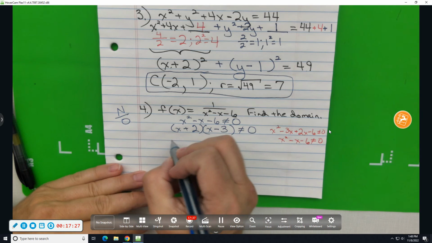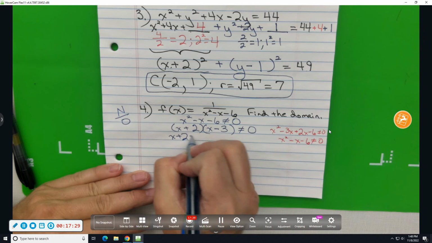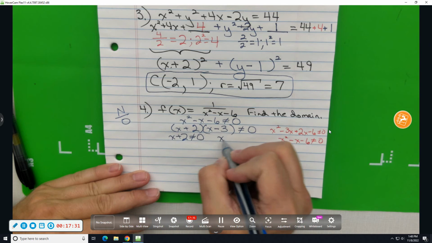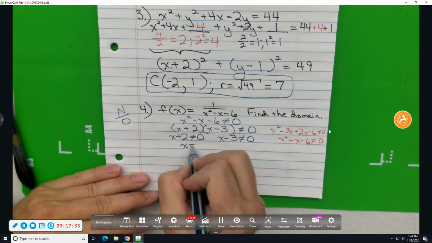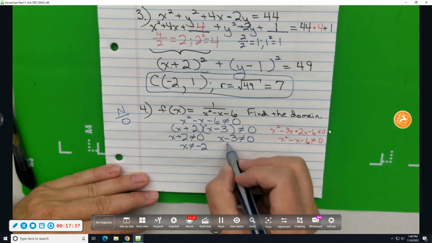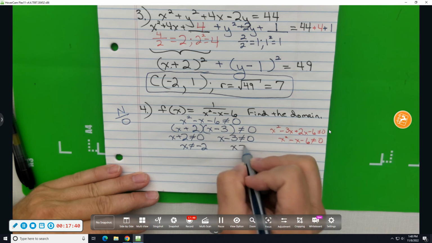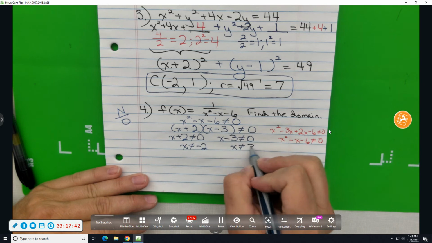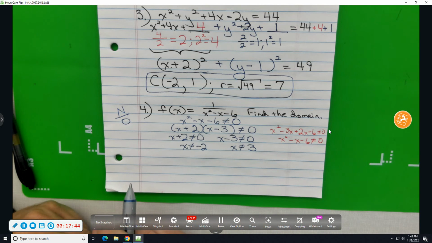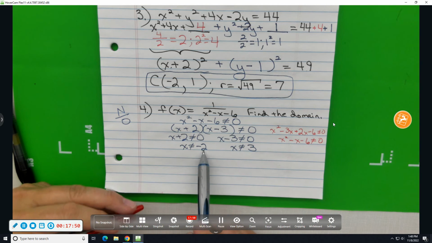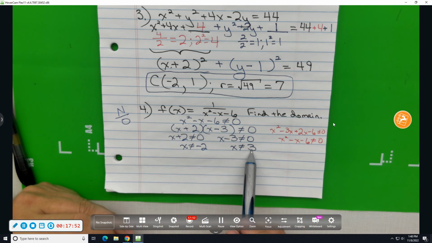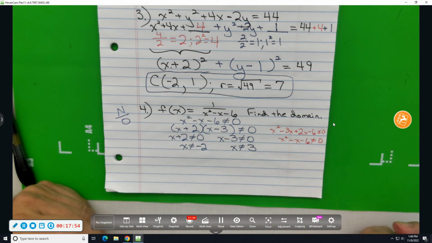So x plus 2 can't equal 0, and x minus 3 can't equal 0. That means x cannot equal negative 2. Moving that negative 3 over, x can't equal positive 3. So the domain, we're saying that x can be anything except negative 2 or positive 3. Could x be 50 million?